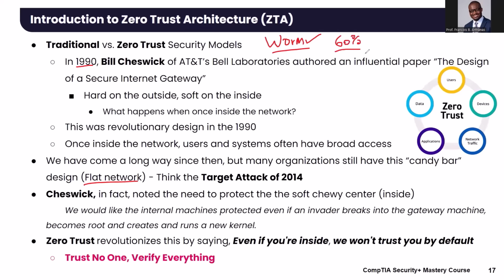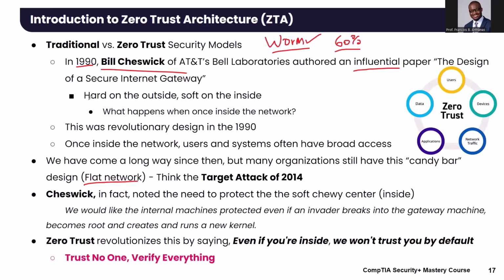And then a gentleman named Bill Cheswick, who was working at AT&T Bell Labs, wrote a very influential paper at the time, known as The Design of a Secure Internet Gateway. And one of the things that he pointed out is the things that we're doing now.